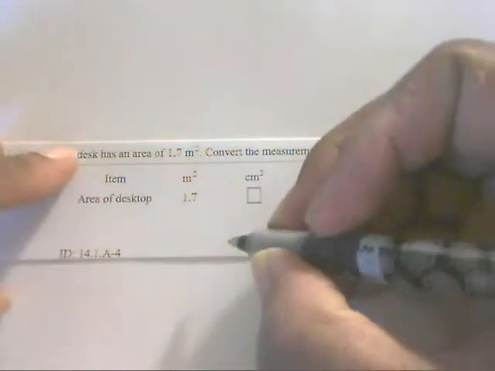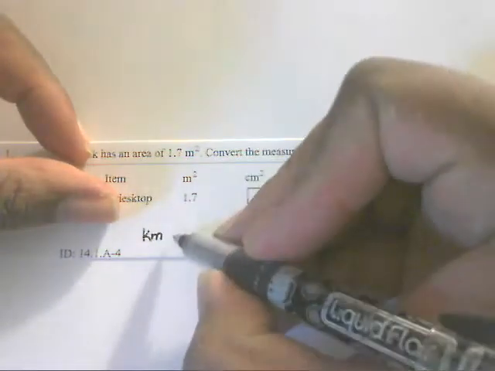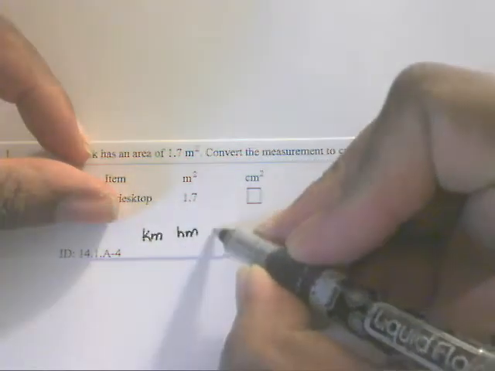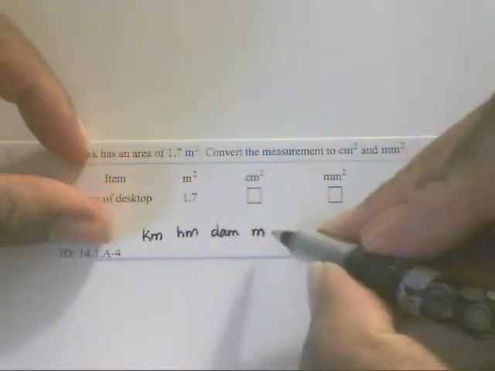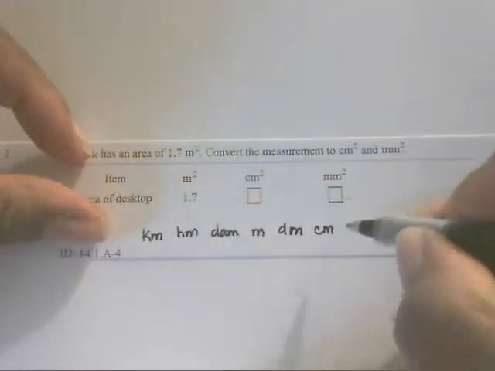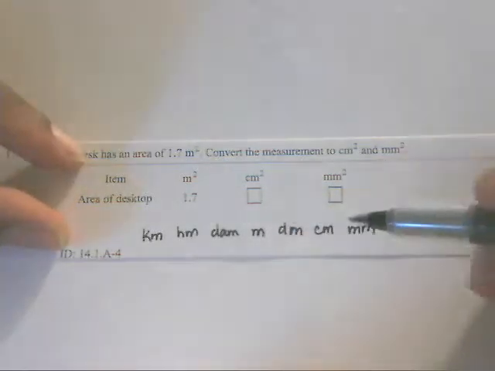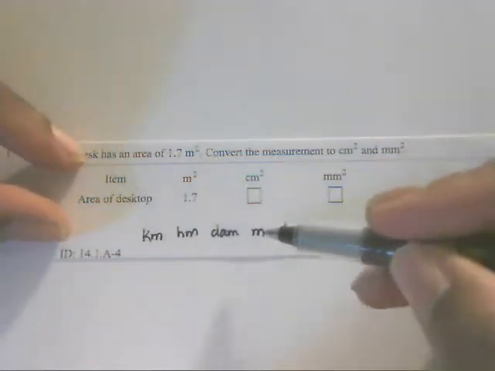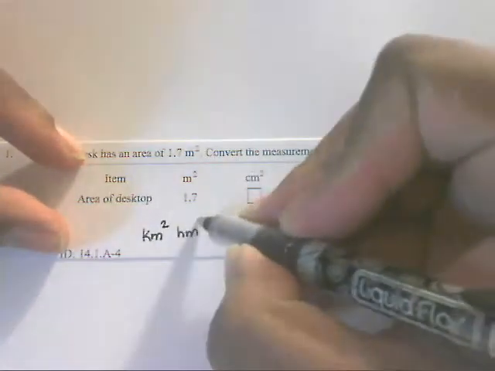Now, we can use the conversion table, and I'm going to write this in. That's the basic unit of measurement, which is going to be the meter. And we're dealing with square units here.